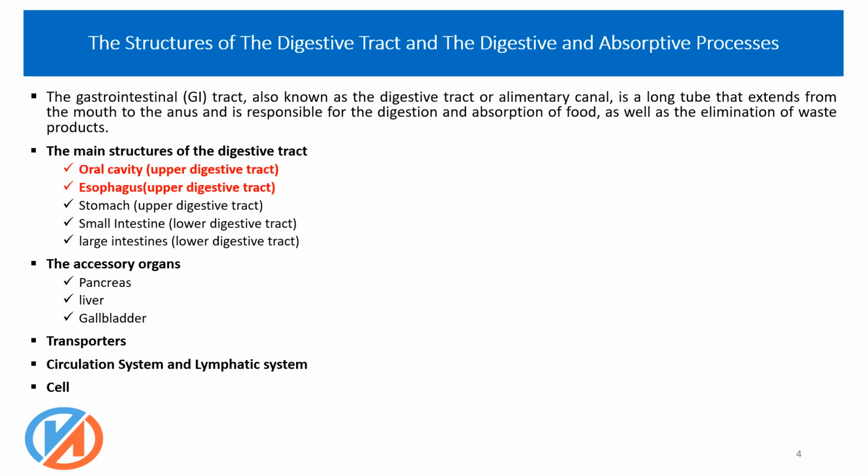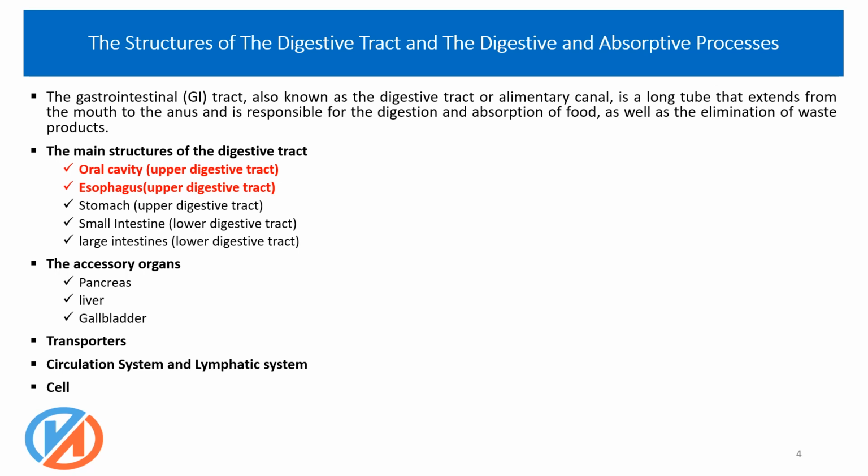The main structures of the digestive tracts include the oral cavity, esophagus, stomach, small intestines, and large intestine. Small and large intestines can be called lower digestive tracts, and oral cavity, esophagus, and stomach can be considered upper digestive tracts. There are also accessory organs that include pancreas, liver, and gallbladder.